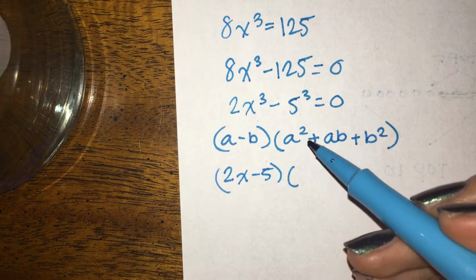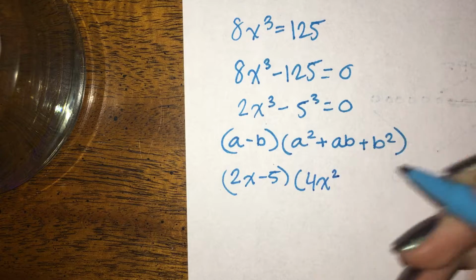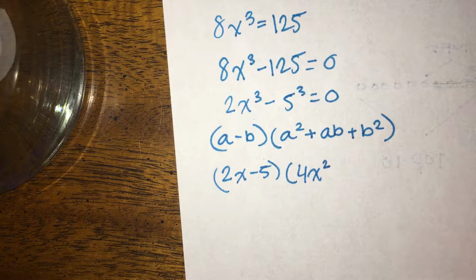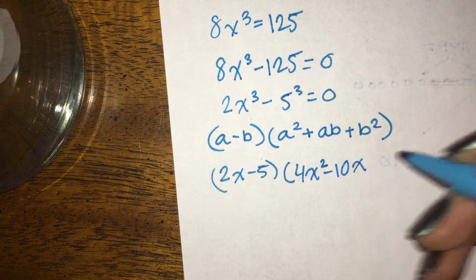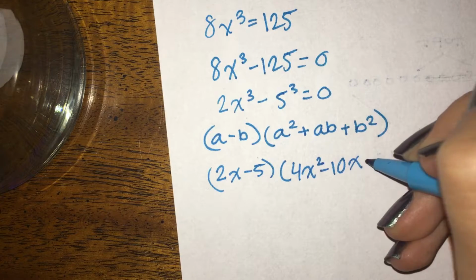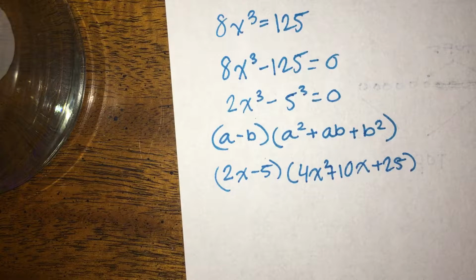You have to square 2, so that'll be 4x squared. And then 2x times negative 5 is negative 10x. And then negative 5 cubed is plus 25. This is a plus. Okay.